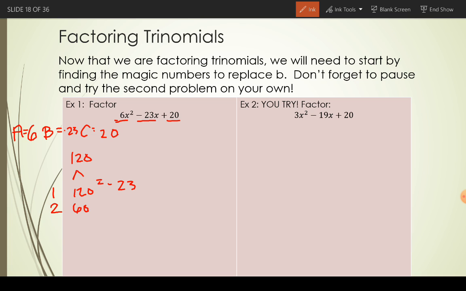So we have to keep trying. 3 times 40, that's 120, but it adds to 43, not correct. 4 times 30, multiplies to 120, but then adds to 34, so not quite. 5 times 24 multiplies to 120, but then adds to 29, so that doesn't work. And then 6 times 20 is definitely 120, but when we add those together, we get 26. Still not that negative 23 that we need.